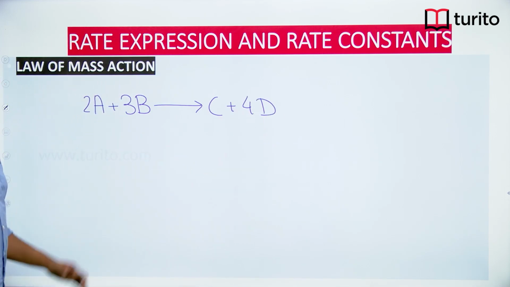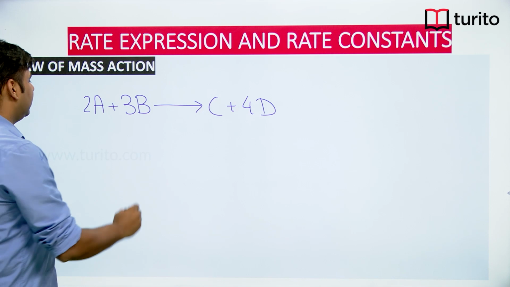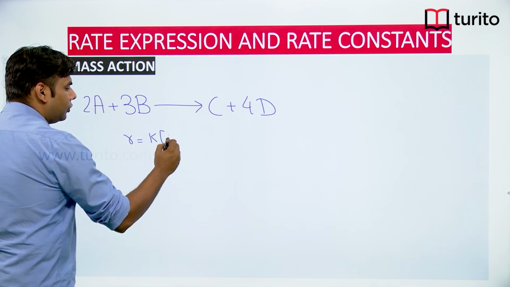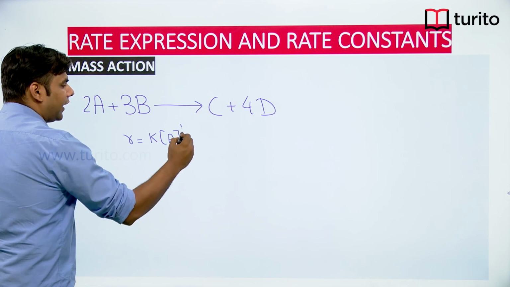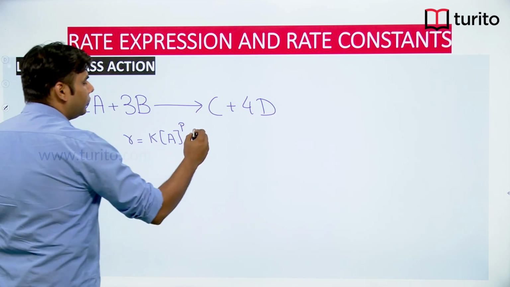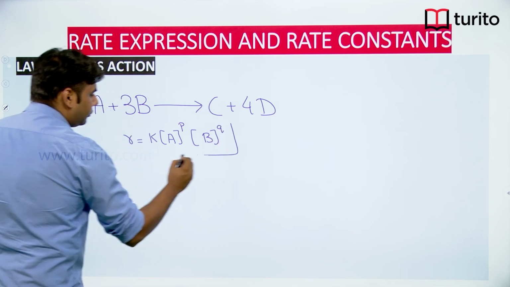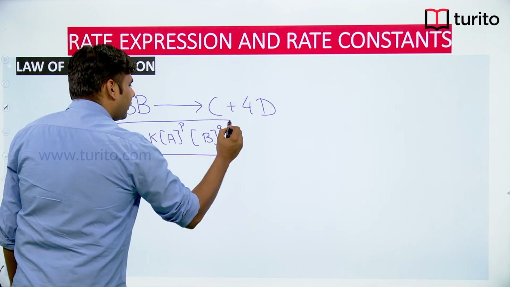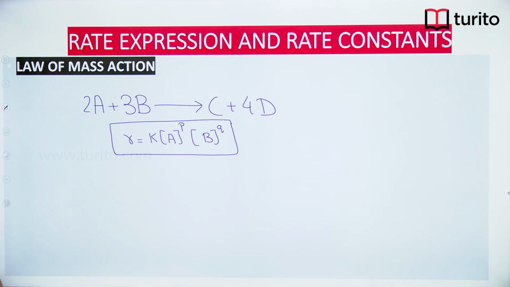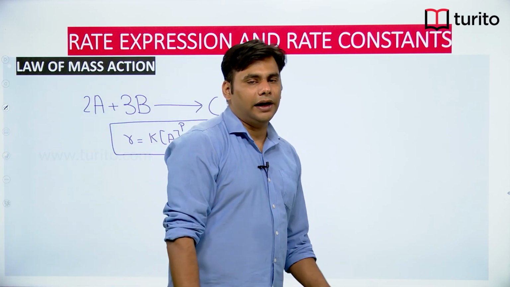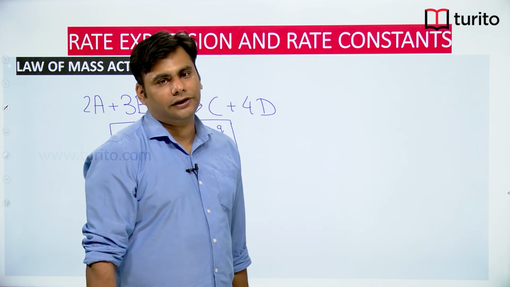Suppose we have to write the rate equation, we will say that rate is equal to the rate constant K into concentration of A raised to some factor, say P, into concentration of B raised to some factor Q. Okay. I hope this expression is now clear to everyone. Now this P can be equal to 2 and this Q can be equal to 3, which are their stoichiometric coefficients, but we cannot say it directly, we have to verify it experimentally.